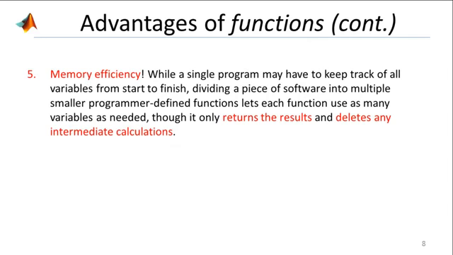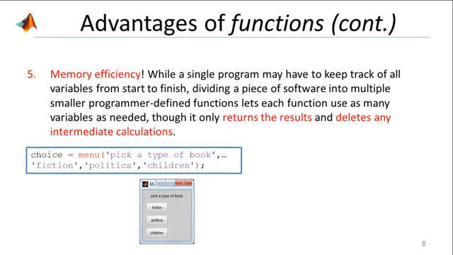As far as technical ideas, it's memory efficient. If you think about one big, huge script file, it has many variables from start to finish. But if we divide this one script file into multiple little ones, what actually gets communicated from one to the other is only the important information. Think again about the menu function.